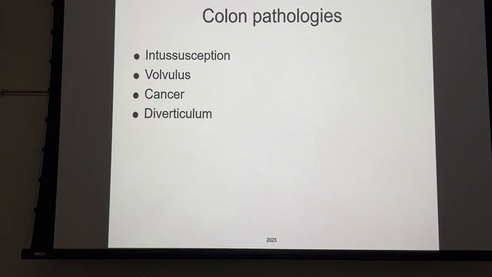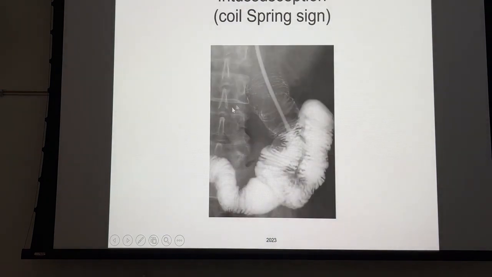If you suspect the patient has any one of these, that definitely needs to be communicated to the radiologist. If they've got cancer, it may be pre-op, and if it's pre-op, they're going to want to do gastrography. If it's just diagnosis and they intend to try to shrink the tumor, then it's probably going to be barium. Volvulus, intussusception, there's a good chance that either one of these patients go to surgery, so we'll talk about those here in a second.